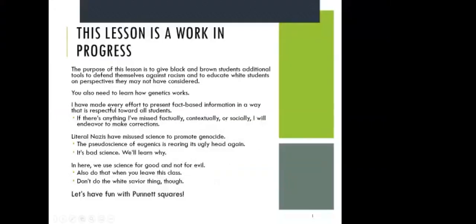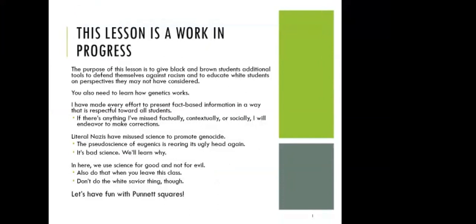Okay, so just like it says, this lesson is a work in progress. I'm still learning, and I'm doing my very best to put the best information as I have it at the moment. I've made every effort to make sure that this lesson is completely fact-based and completely respectful as much as I can.